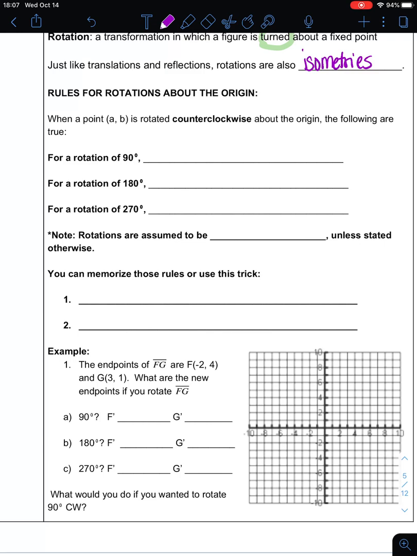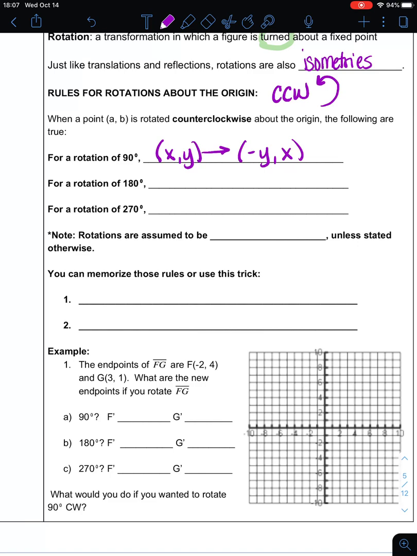So for a rotation of 90 degrees, when a point AB is rotated counterclockwise about the origin, counterclockwise is to the left, against the clock, is what that means. The following are true. So a rotation of 90 degrees, x, y is going to become, remember that's how all of our rules start, x will become negative y and y will become positive x.